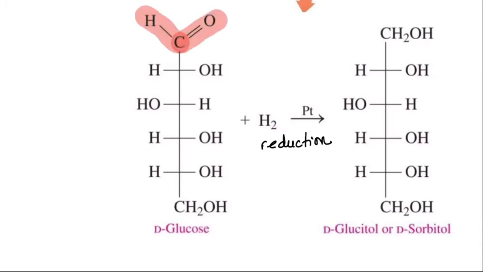This is an aldehyde. We learned that aldehydes, when they undergo reductions, form primary alcohols. And you can see here, this is the primary alcohol that forms from the reduction of the aldehyde. That is what a sugar alcohol is, because now the aldehyde is no longer there. The aldehyde motif gets converted into a primary alcohol. So let me just write that as notes. We go from an aldehyde to a primary alcohol.